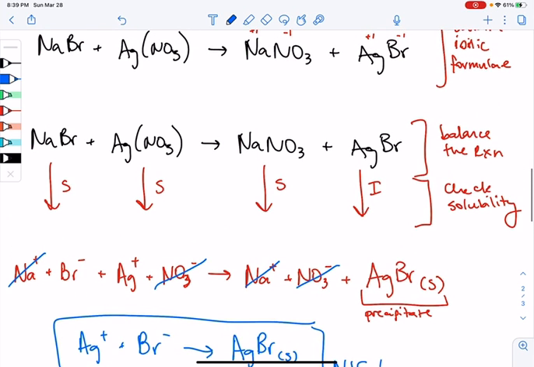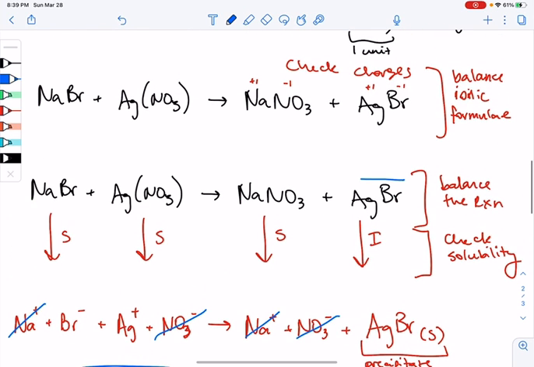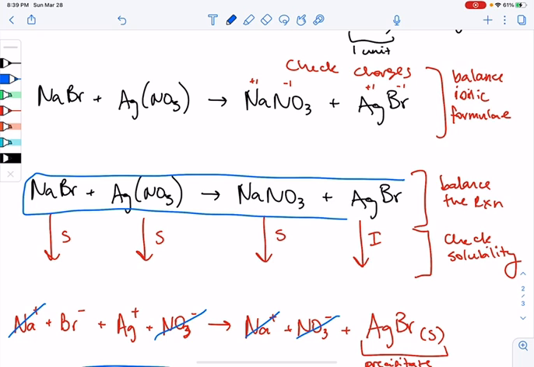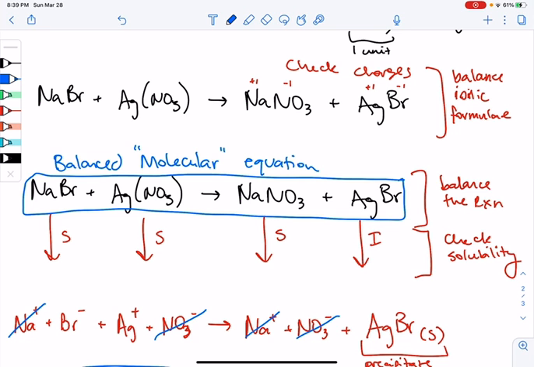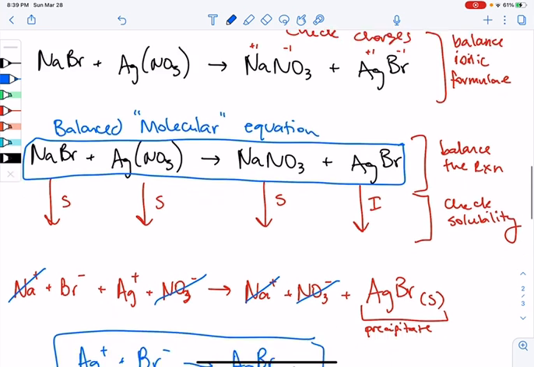If it asks for your balanced molecular equation, this would be your balanced molecular equation. It's just basically the balanced equation that you have before you check your solubility rules.